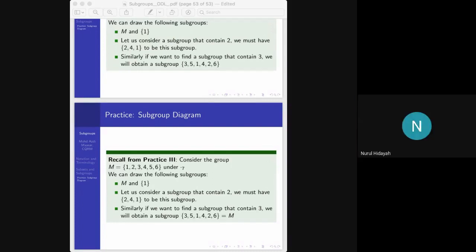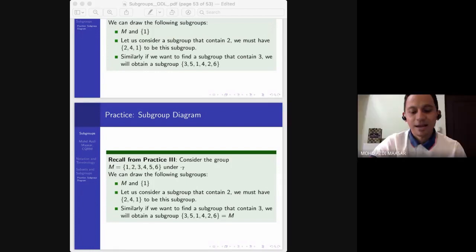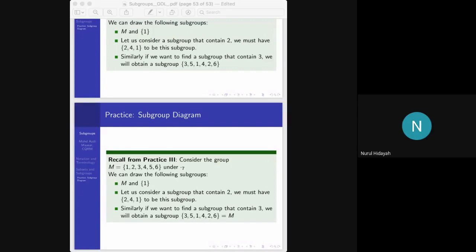Kita pilih subgroup yang tak sama sajalah. Yang dah sama tu kita tahulah dia must be there somewhere in the diagram. Okay, maknanya kita akan keluarkan subgroup yang distinct lah, maknanya yang berbeza. Okay. Faham? Terima kasih.